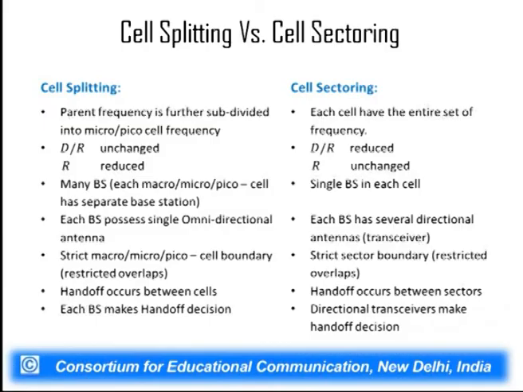And obviously there is no overlap, which is common in both cell splitting and sectoring, and handoffs between the cells will occur. In cell splitting the handoff decisions will be made by the base station, while in cell sectoring the directional transceivers with the sectors will be doing the handoff decision and management.